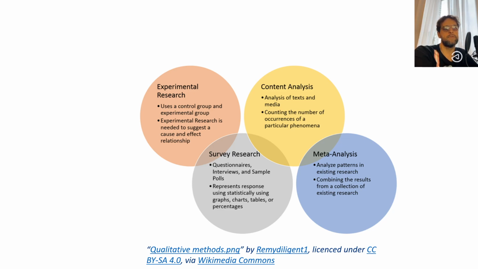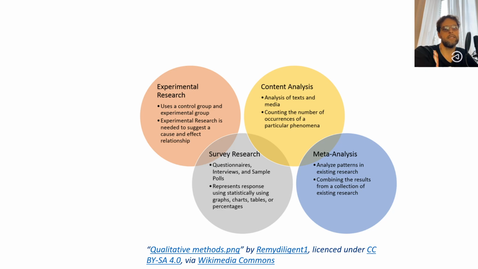Another type of research is survey research. It's questionnaires, interviews, samples. It could be statistical data analysis, and we're working with tabular data, with charts, with graphs, and so on. We're able to analyze content, for example, texts in media, count the number of occurrences for a certain phenomenon, and we can perform meta-analysis.